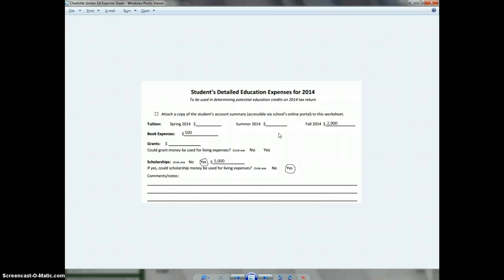In this situation, it would go on the parents' return. Regardless of whether this money was actually used for living expenses, for the purposes of the second alternate calculation, we're going to assume that it was.